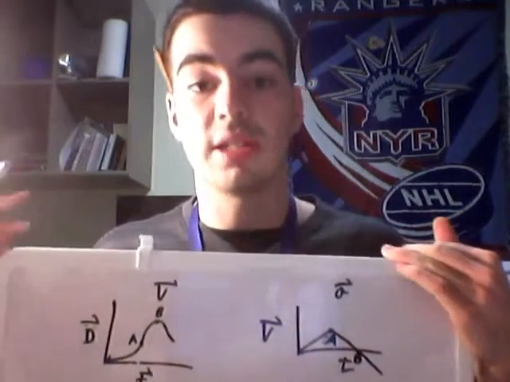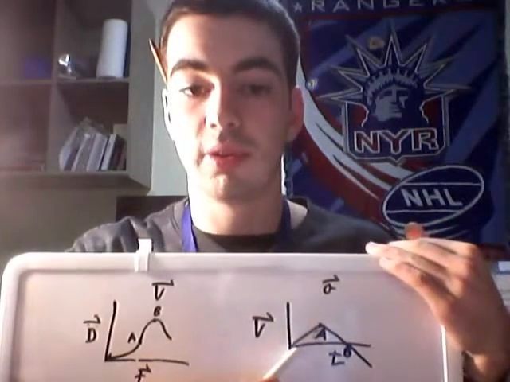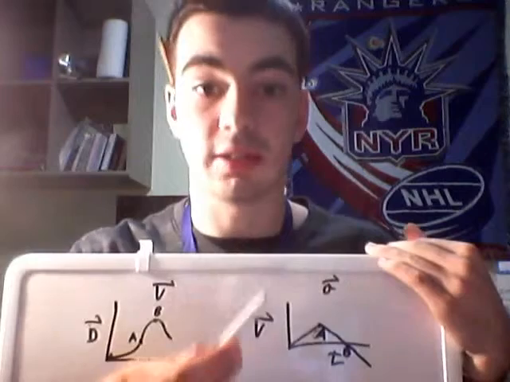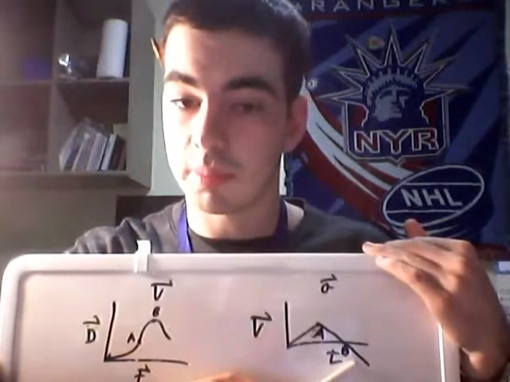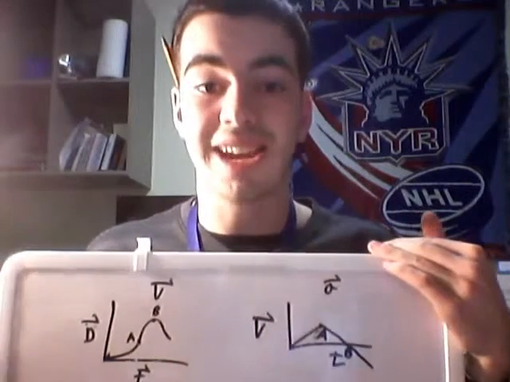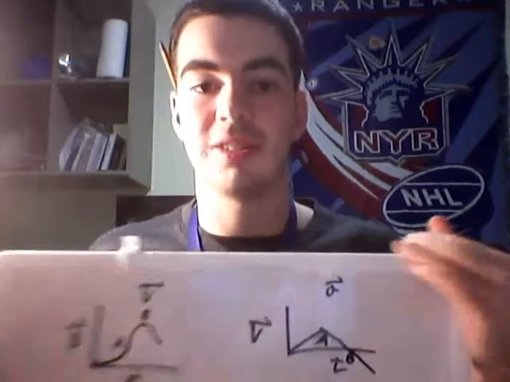Now, since acceleration is the rate of change of velocity, we can see a positive slope from here to A, which is positive acceleration, and from A to B, we can see a negative slope or negative acceleration, not deceleration. Because what would deceleration be? The opposite of acceleration, and I personally don't know what that would be. So that's my problem with the use of the word deceleration.